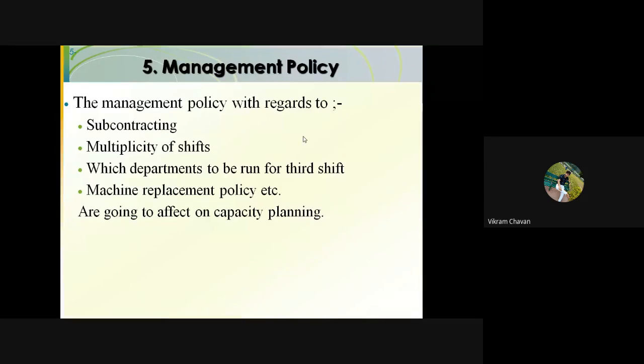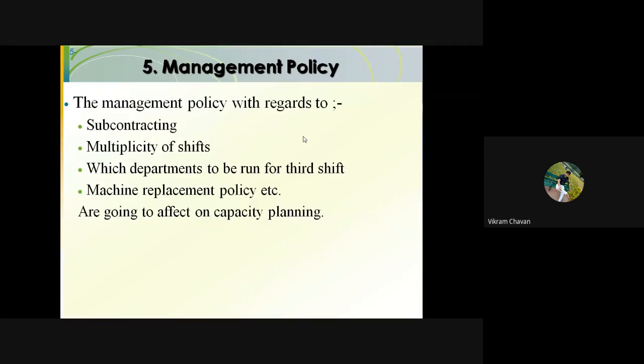So the management policy with regard to subcontracting, multiplicity of shifts, which department is to be run for the third shift, and machine replacement policy definitely affects capacity planning. Are you getting it, everyone?